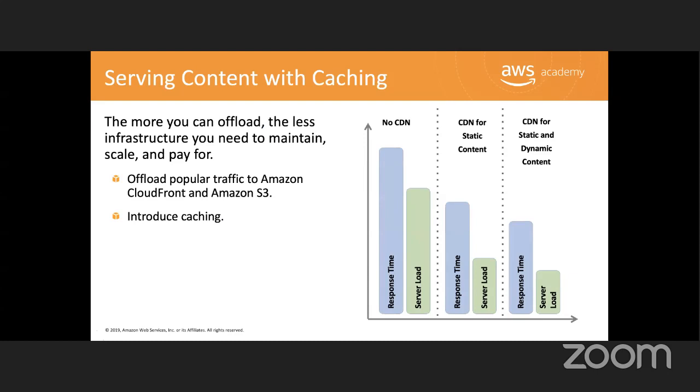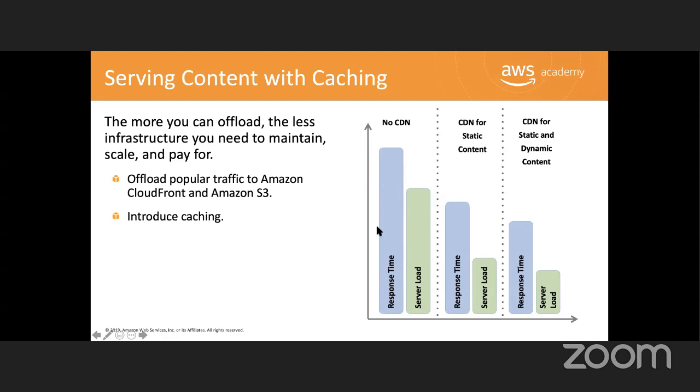So if both static and dynamic content are delivered through Amazon CloudFront, you have larger savings in terms of server response time and an even larger amount of savings on the server load. This scenario here, in this chart, means that you can have smaller and fewer instances at the origin if that work is offloaded to Amazon CloudFront. Okay, so here you don't have any content delivery network, no Amazon CloudFront here, right?